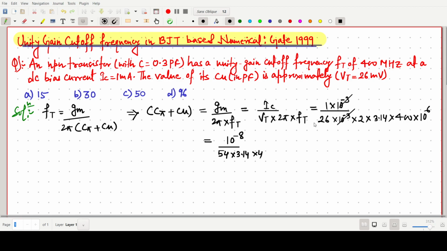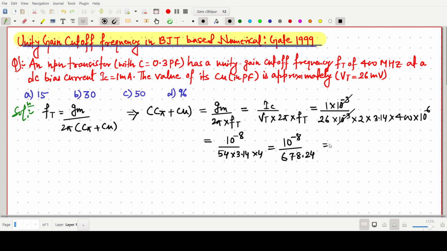Now we have to solve, so I am using the calculator. 54 into 3.14 into 4 comes to 678.24. So it is 10 to the power minus 8 divided by 678.24.